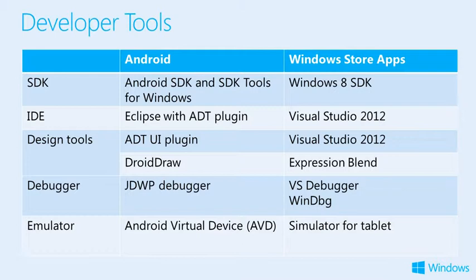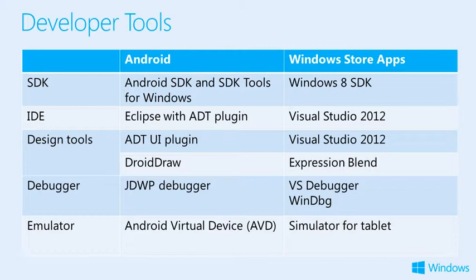Just similar to the embedded debugger in Eclipse, Visual Studio 2012 also provides a powerful debugger tool called VS Debugger. It helps the developer to trace the code, set breakpoints, and view various data in the memory. WinDBG is another debugger tool, which can also debug applications on system-wide level.